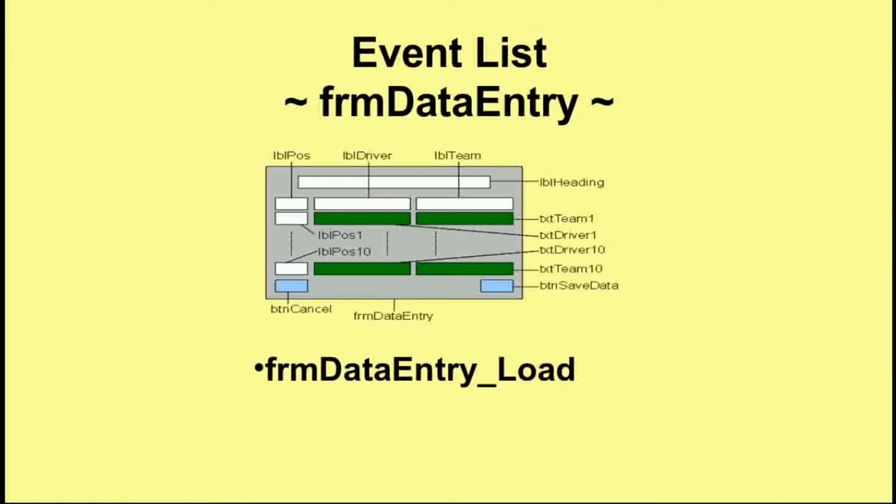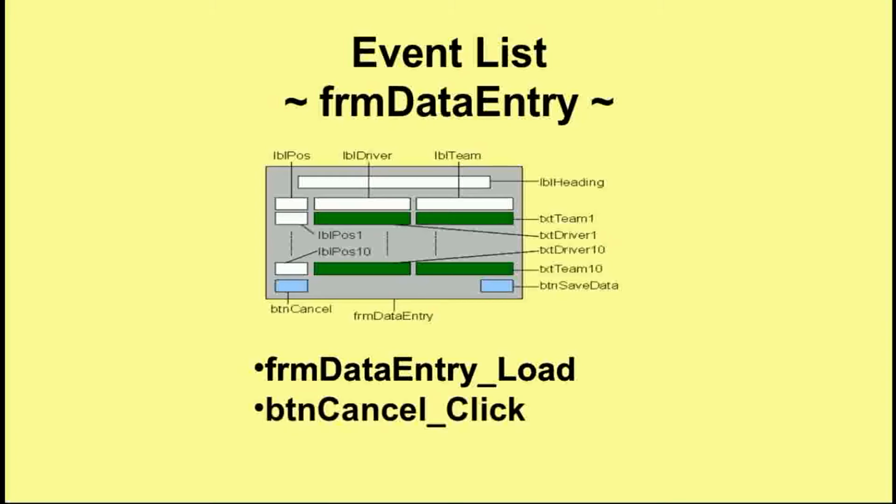So when this form appears, the first thing that will happen is the user will be asked for a year and the name of a Grand Prix. We can then move on to the other buttons. If the user changes their mind and thinks, "No, I don't want to enter any data at the moment," they need to be able to click the button cancel.